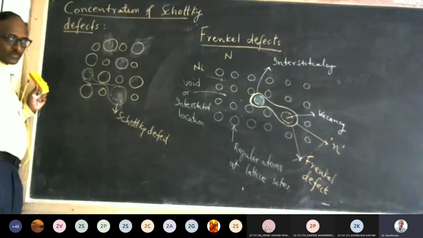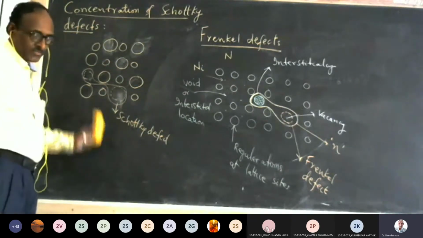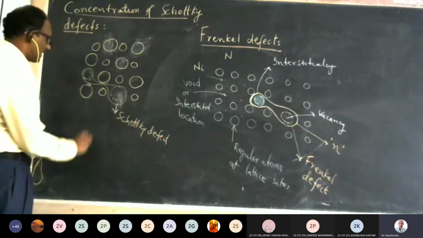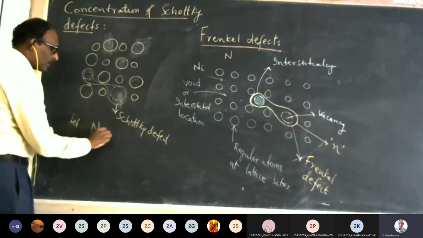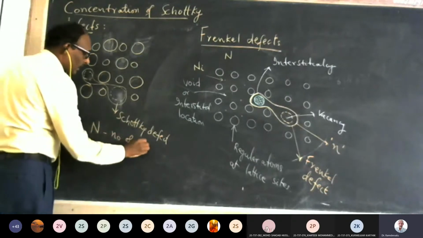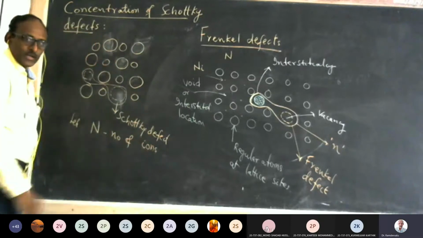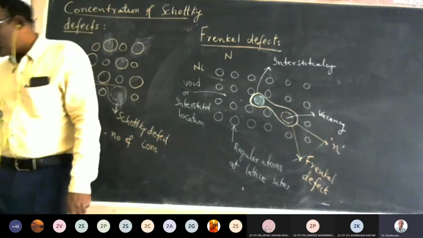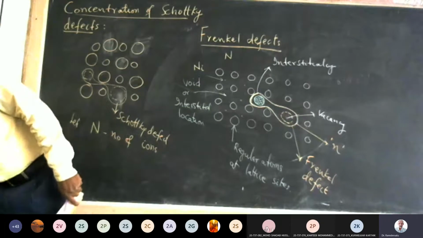So to derive an expression for concentration of Schottky defect, I suppose that let there be N number of ions. N number of ions means that don't say that N by 2 is cations and N by 2 is anions.